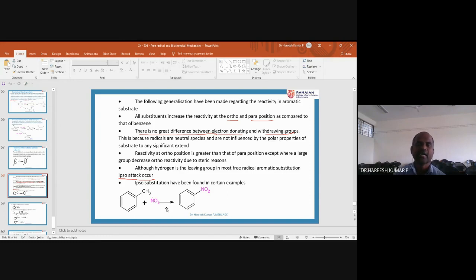The nucleophile attacks the benzene ring where a substituent is present and replaces that substituent, giving ipso substituted products. So this is about ipso attack of free radical on the aromatic moiety.